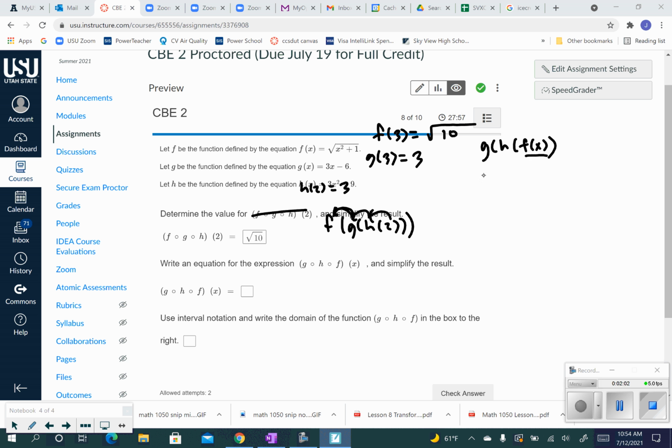Let's plug it into h first. So we're going to come down to h, and where there's an x, we're going to replace it with the square root of x squared plus 1. I'm doing the h of f of x. So 3 times, in place of the x, plug in the square root.